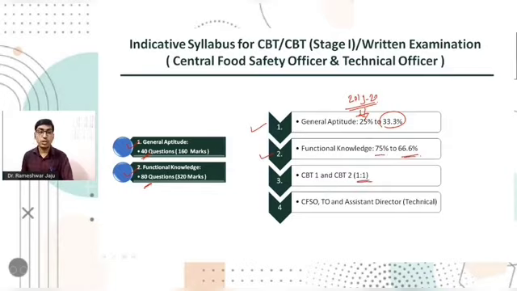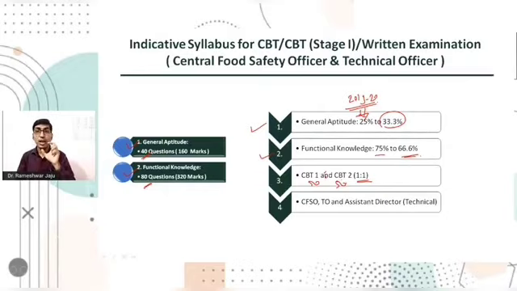Definitely there is a 1:1 ratio for confirmation to the interview level, or we could say a 50:50 ratio for CBT first and CBT second. That is why it is very important to focus fully on both examinations. CBT first has 50% weightage, and CBT second also has 50% weightage.